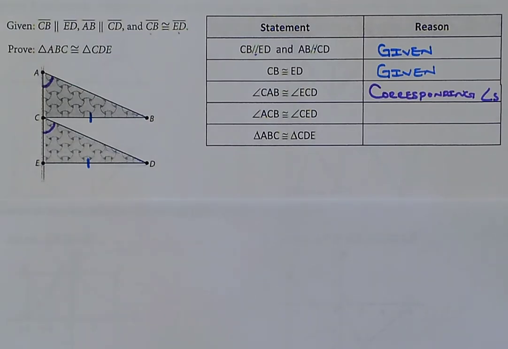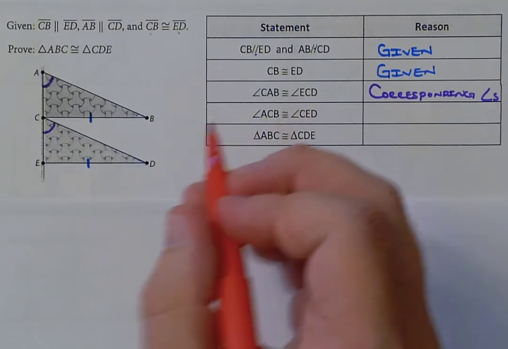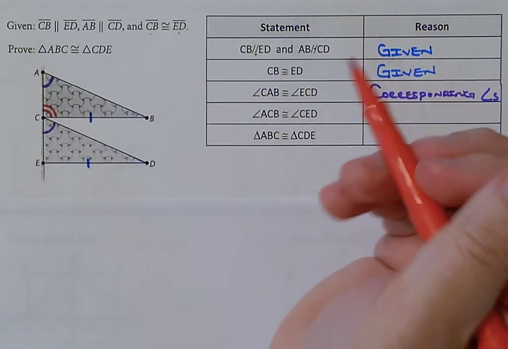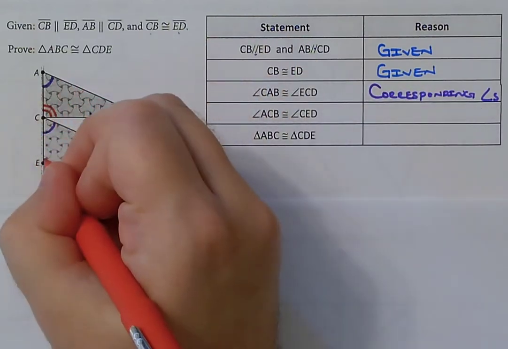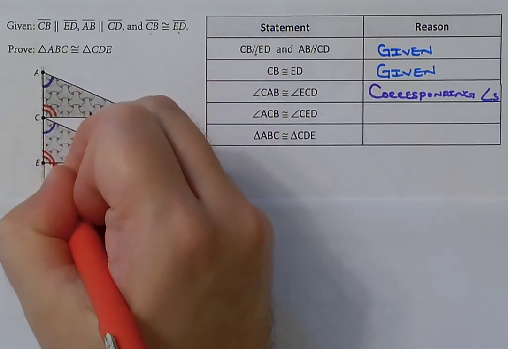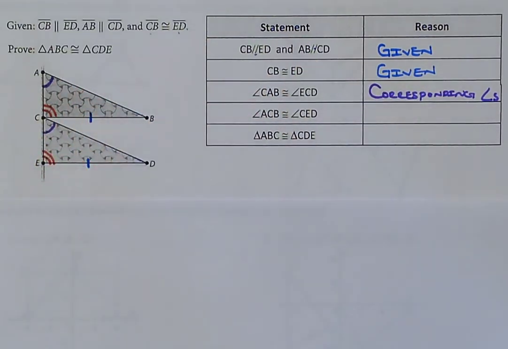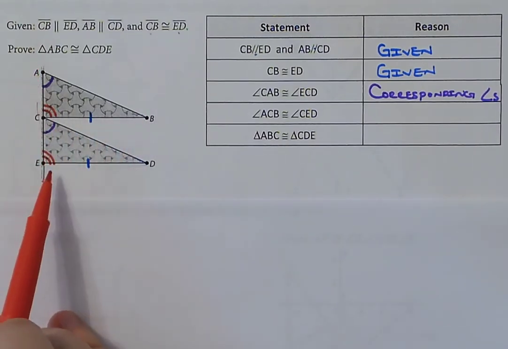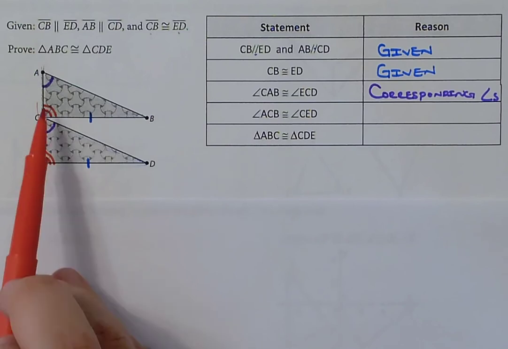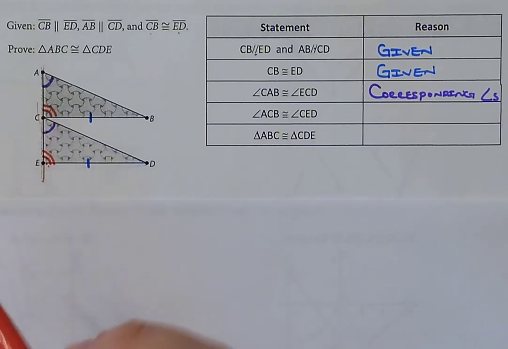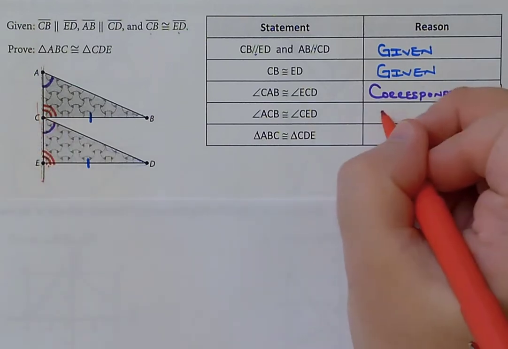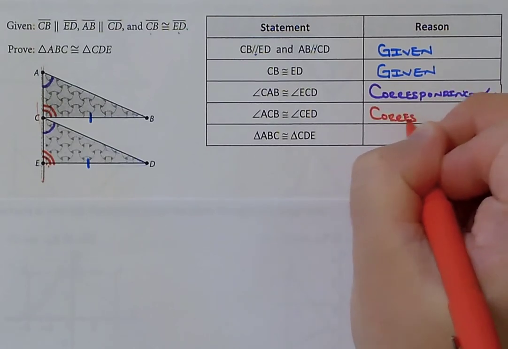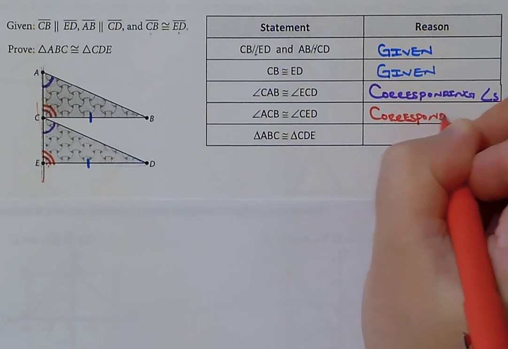And then they tell me that ACB, this angle right here, is congruent to CED, this angle right here. Again, if we think about our two parallel lines cut by a transversal, same side of the transversal, same spot of the parallel lines. Therefore, I know that they are congruent based off corresponding angles.